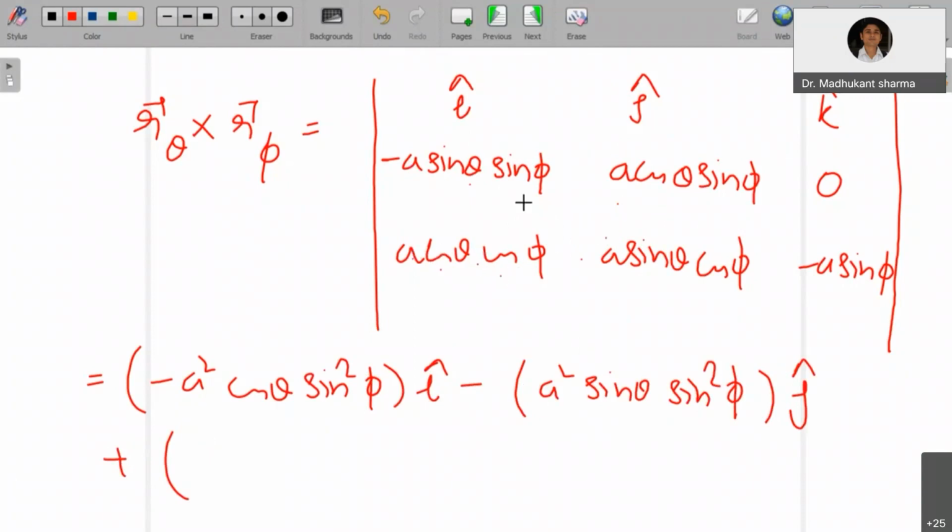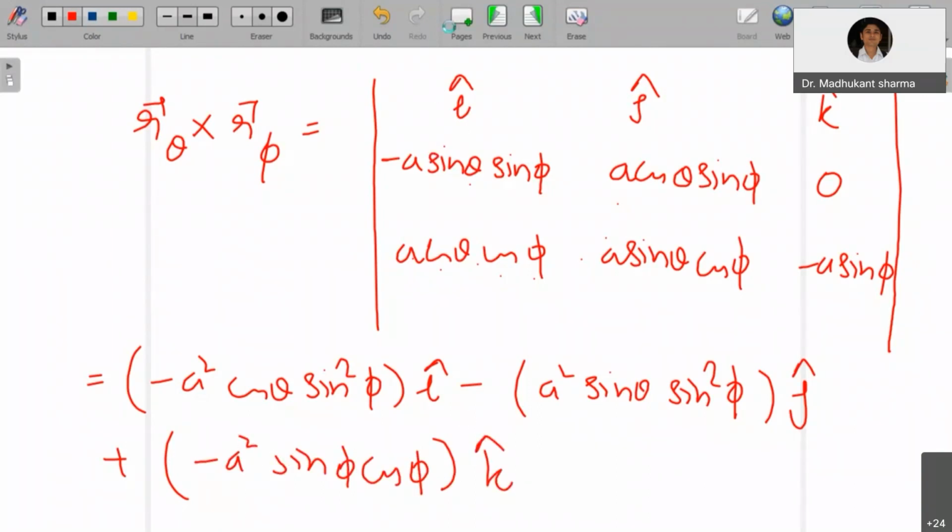So minus a square sin phi cos phi will be out. Cos square theta plus sin square theta is 1. So you have minus a square sin phi cos phi.